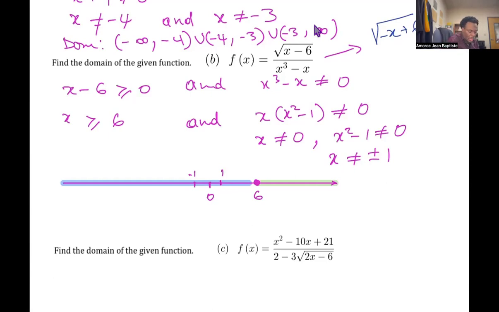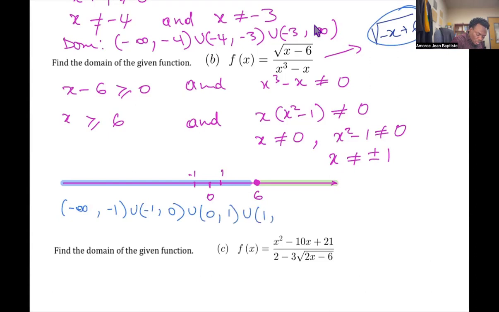And in this case, your domain would have been negative infinity to -1. I'm just showing if you had this function, what the domain would have been. So it would have been from negative infinity to -1, union from -1 to 0, because you need to exclude all those values, and union from 0 to 1, union from 1 to 6, and then bracket on 6 because you can include 6.